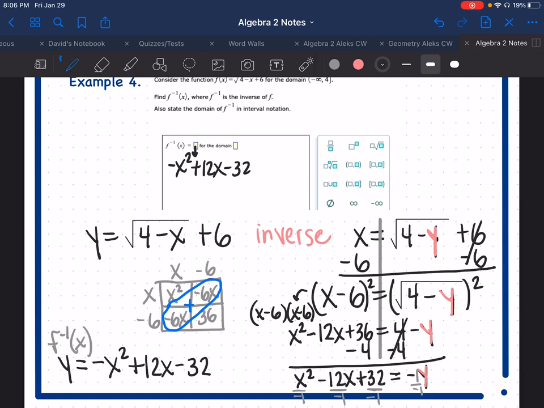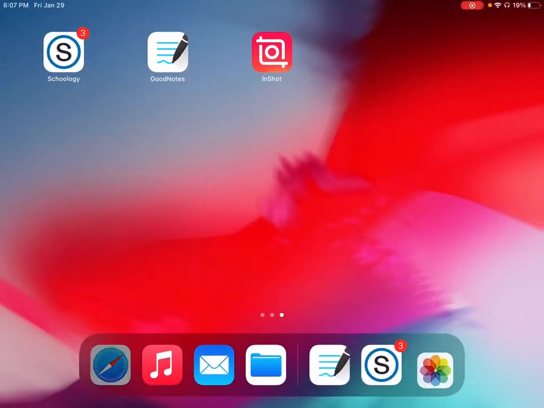Now for the domain, I'm actually going to go over to Desmos and graph this function. But what I need to be thinking of is where my restriction should be. So let's go to Desmos.